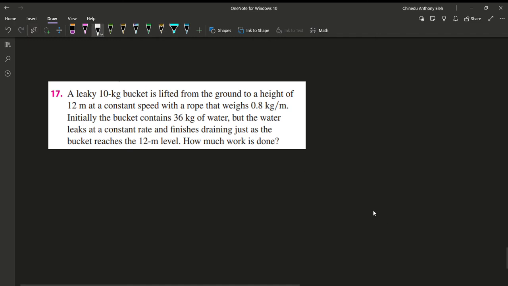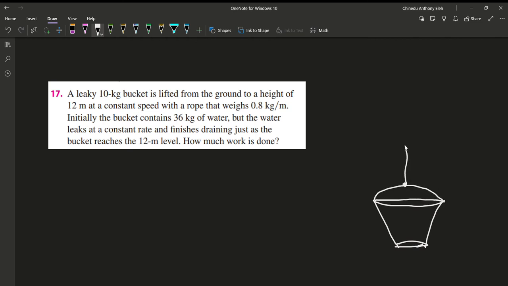Okay, so as before, it helps to visualize. So something like this. Okay, so the setup is a height of 12 meters, so the total height here is 12 meters. A leaky 10 kg bucket is lifted this height at constant rate.